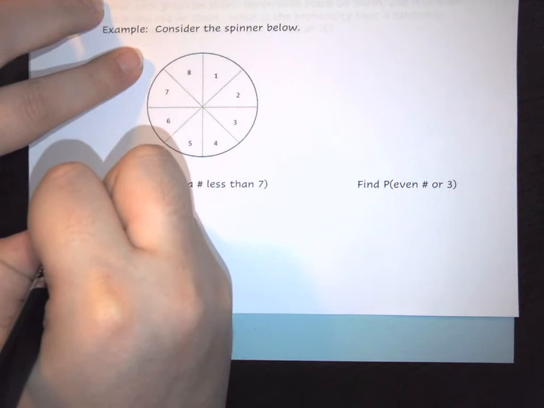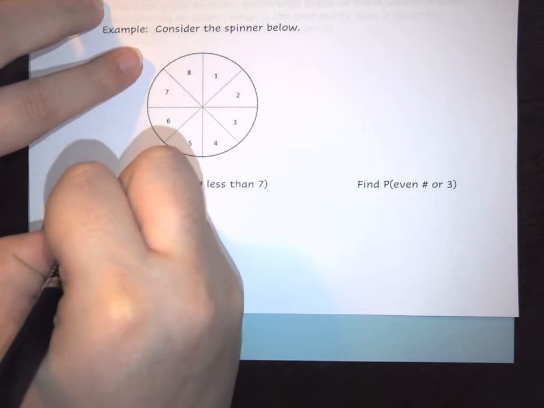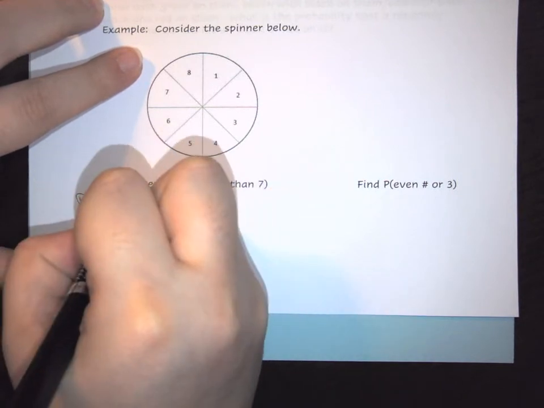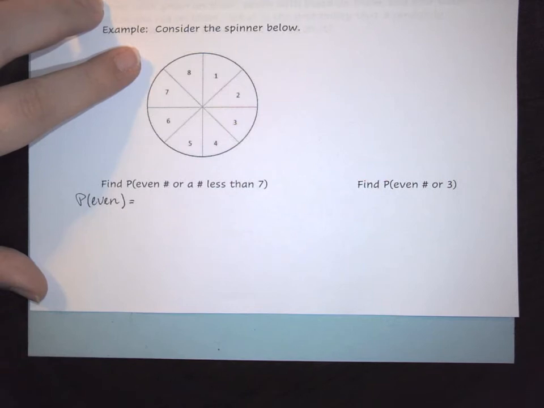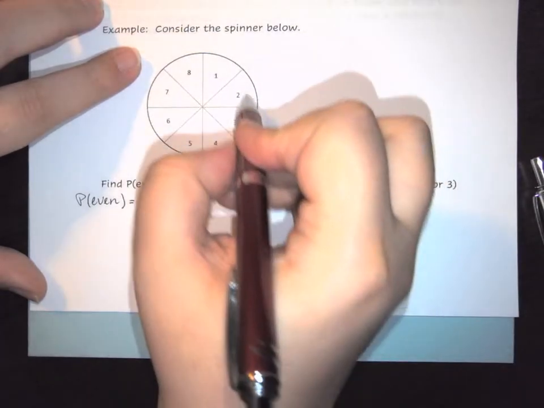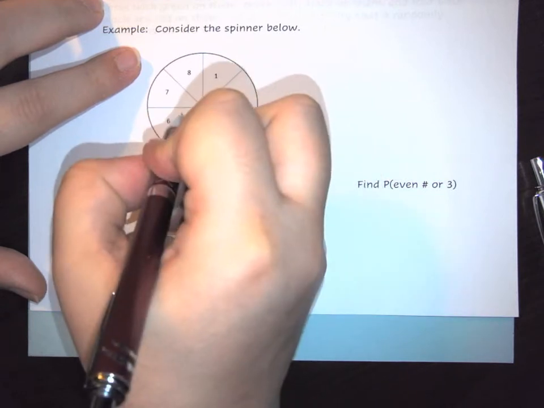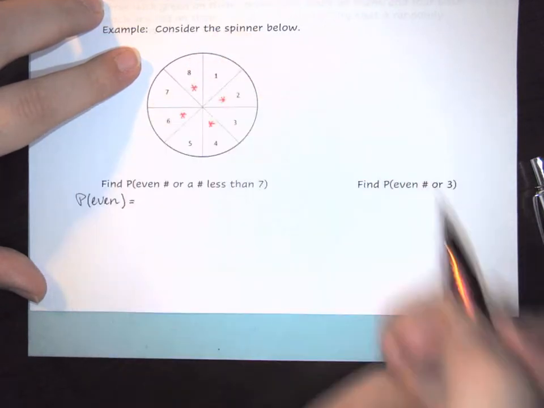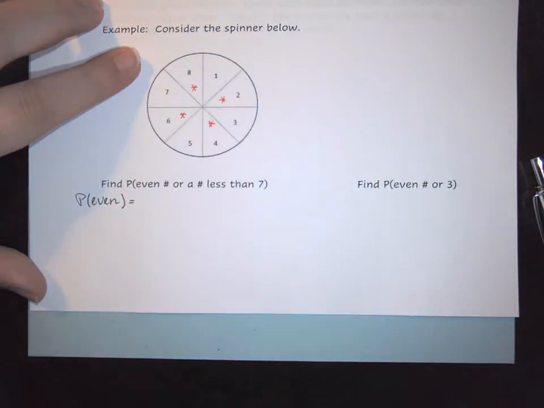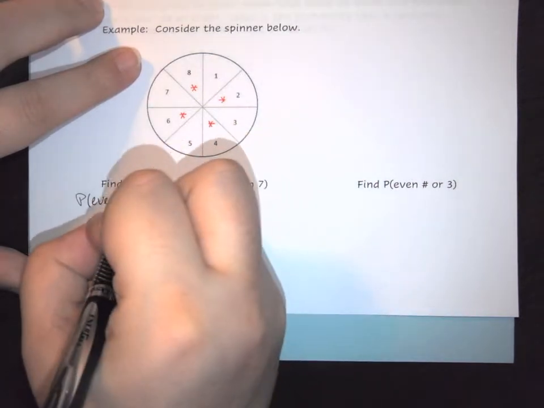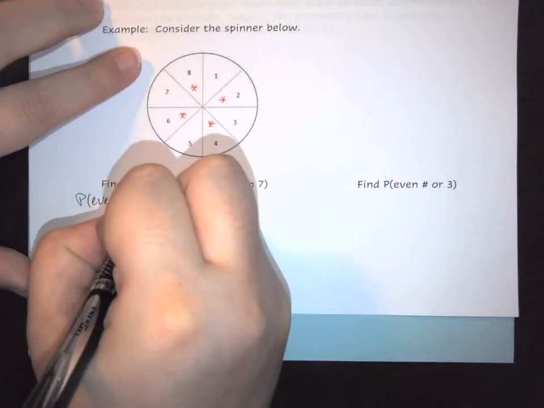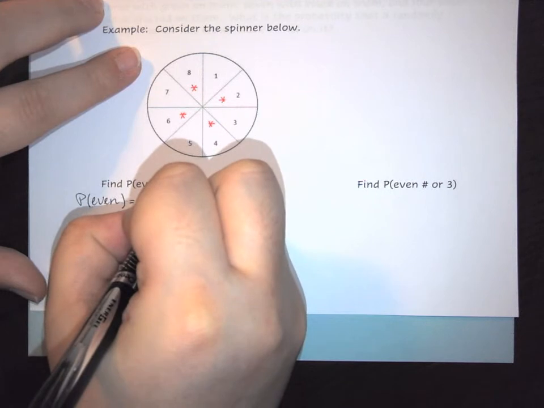So the first thing we have to look at is that we have event A, which is the probability of getting an even number. So if we look at our spinner, an even number, we would have 2, 4, 6, and 8. Those are my even numbers. Okay? So when we're looking at the probability, my outcomes would be 2, 4, 6, and 8.